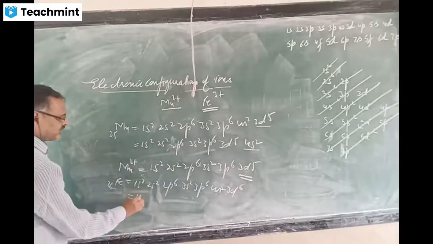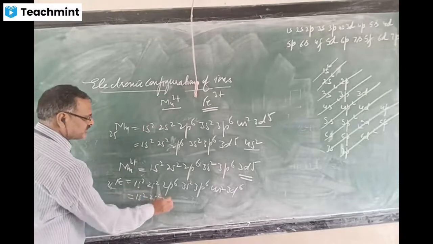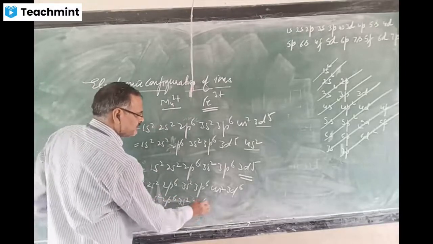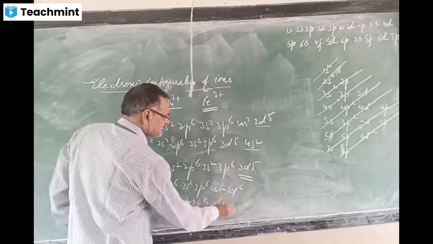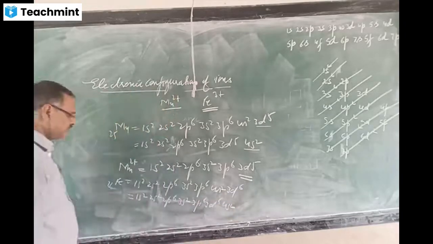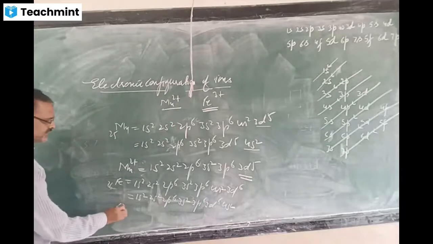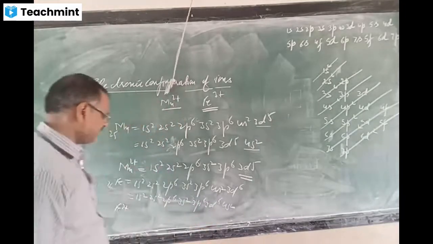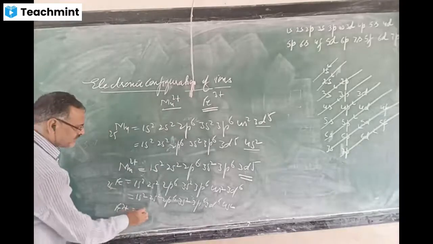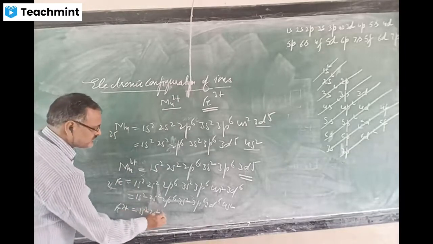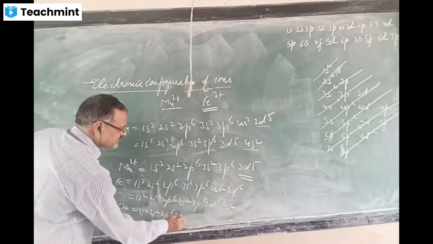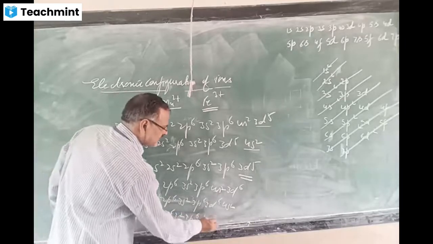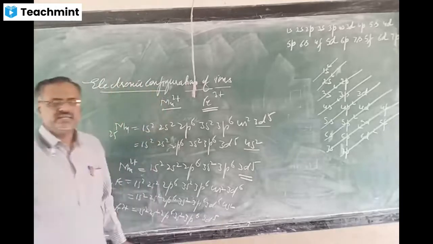Then arrange in orbital order: 1s2, 2s2, 2p6, 3s2, 3p6, 3d6, 4s2. If you want to write for Fe3+, 2 electrons you remove from here and 1 from here. Then 1s2, 2s2, 2p6, 3s2, 3p6, 3d5. That way you can write.